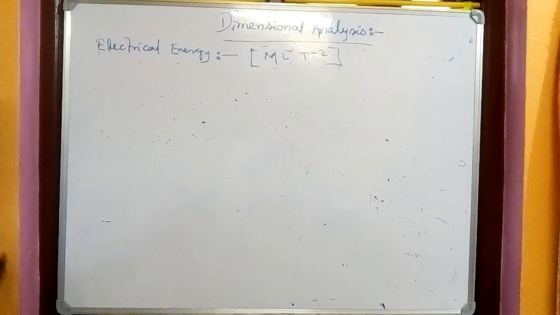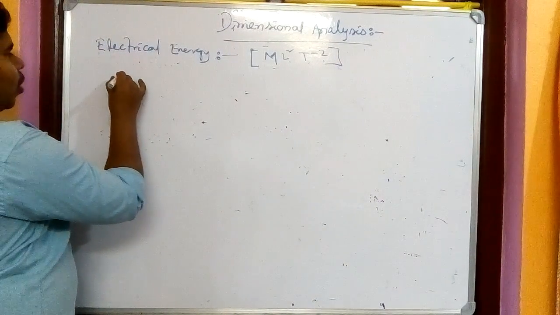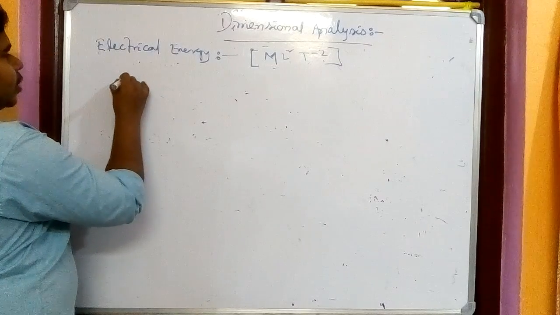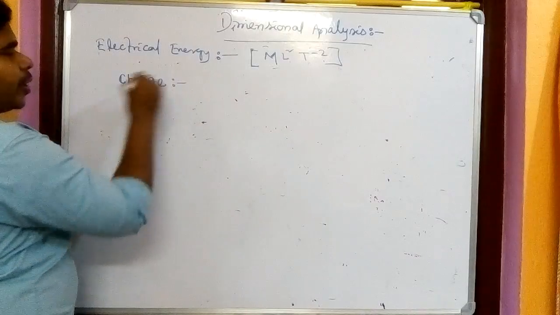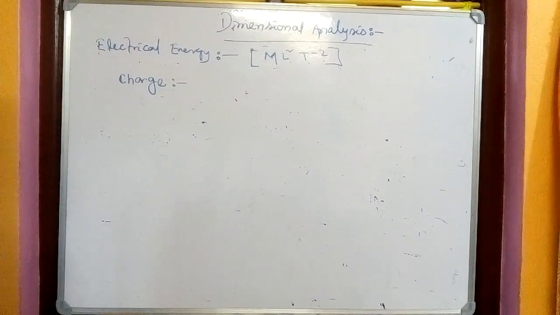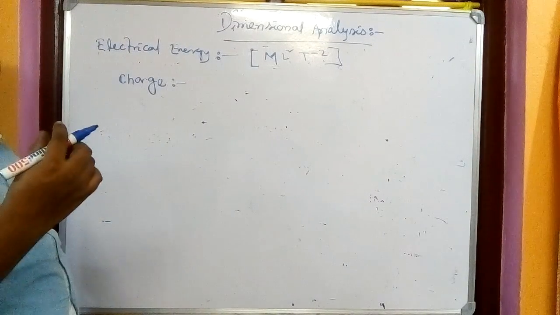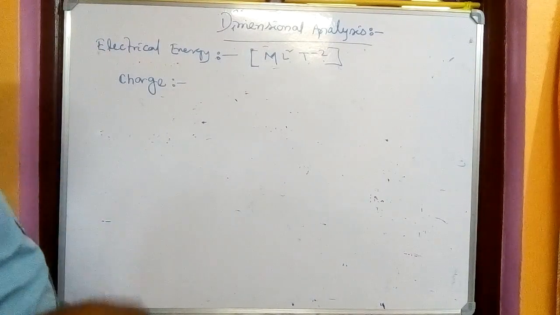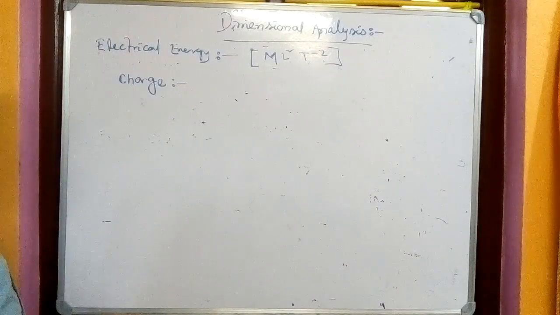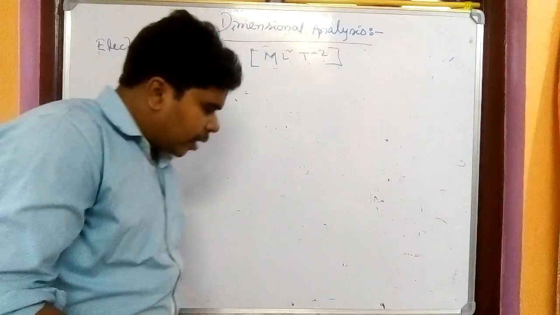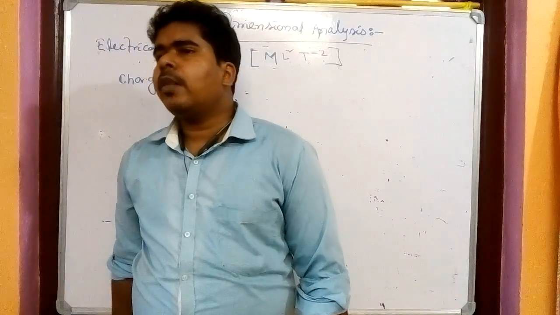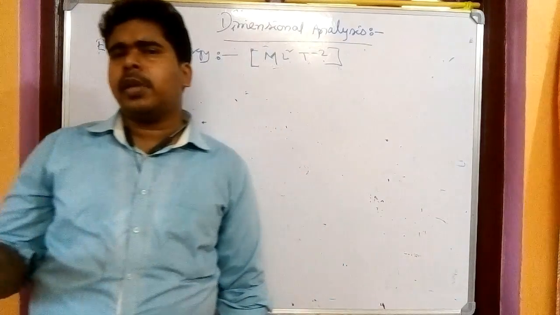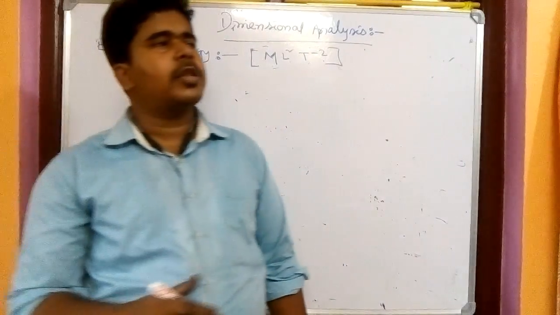Now we are coming to the dimension of charge. Okay. See, we cannot take any alphabet as a dimension of charge. What can we take? See, in class 9 itself, I'm talking about ICSE students, you have learned about units and measurements in the measurement and experimentation chapter.